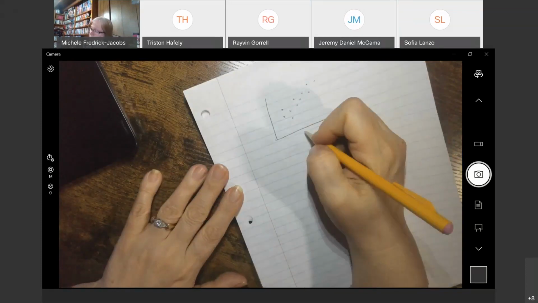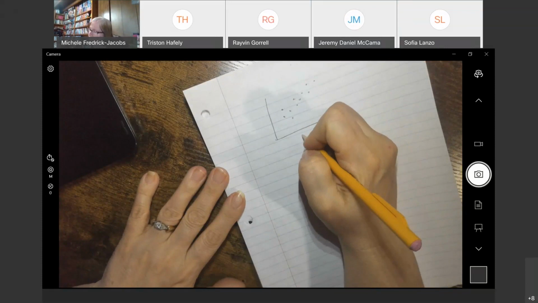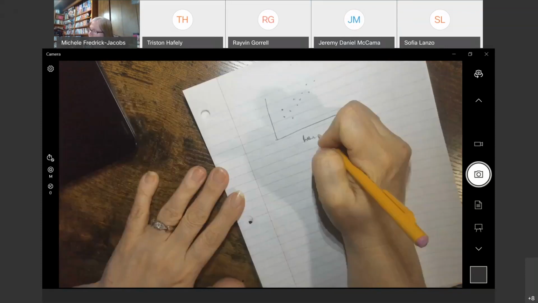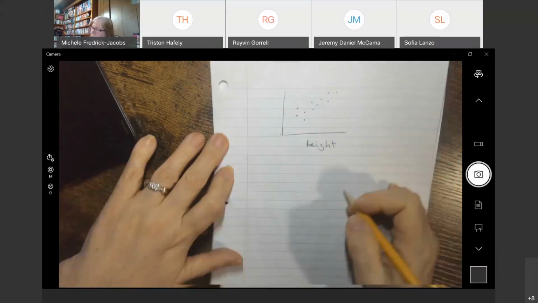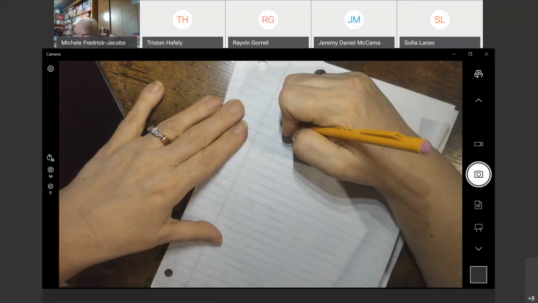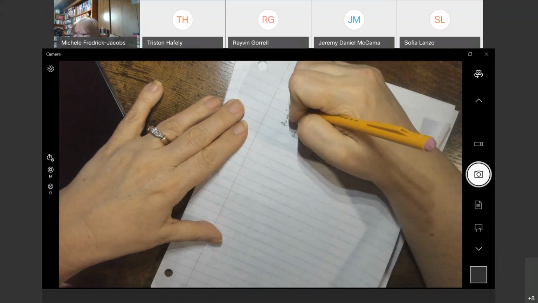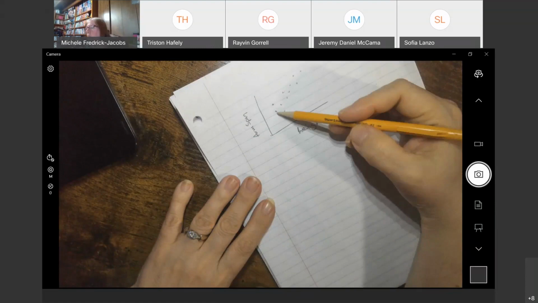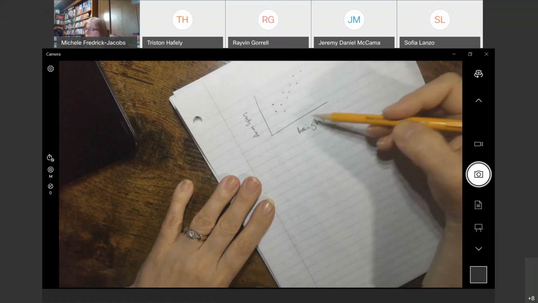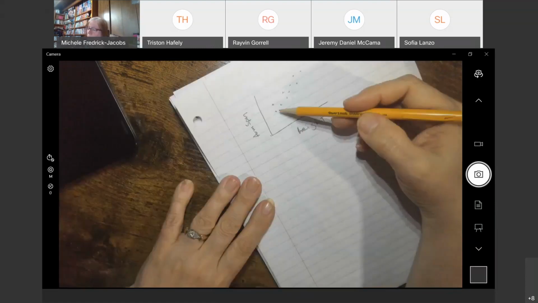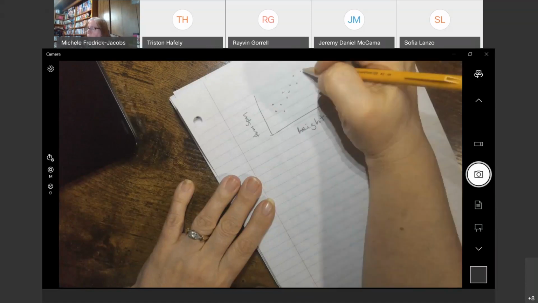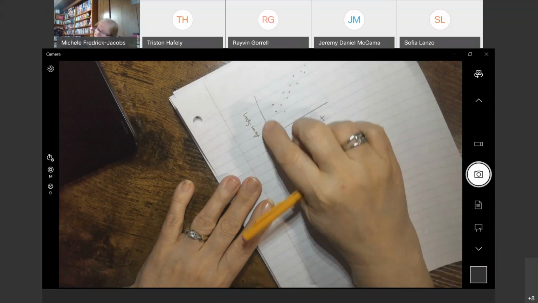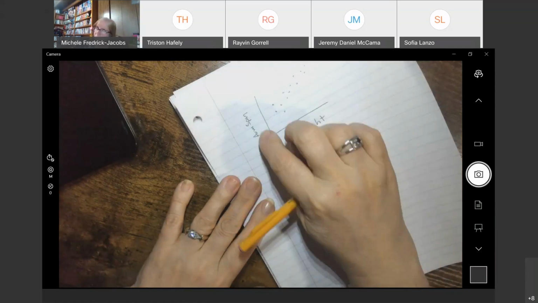And so maybe this is height and arm span. And notice how I took so many people, I found their height and their arm span. And the relationship will go up because it's a pretty strong relationship. The taller you are, the longer your arm span.